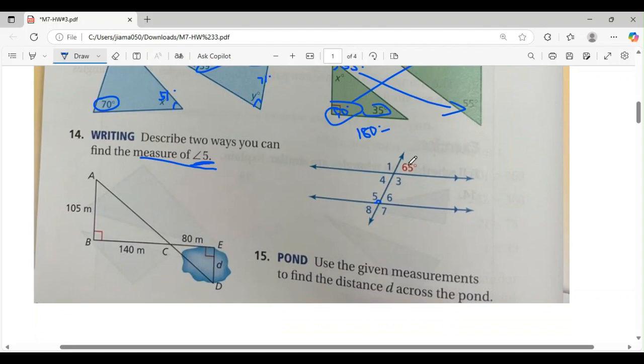Okay, this angle is 65 degrees, which means angle 1 is 180 degrees minus 65 degrees, which is 115 degrees.